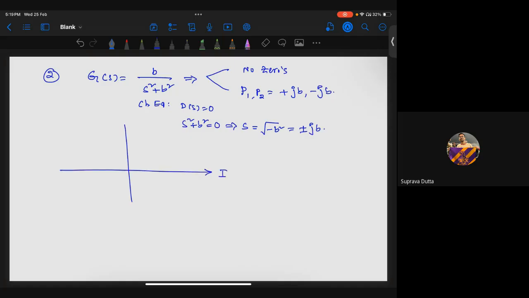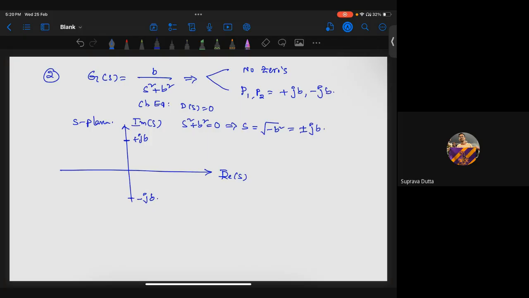This is the real part of s, this is the imaginary part of s. You have plus jb and minus jb. So plus jb is here, minus jb is here. This is the S plane pole zero diagram.